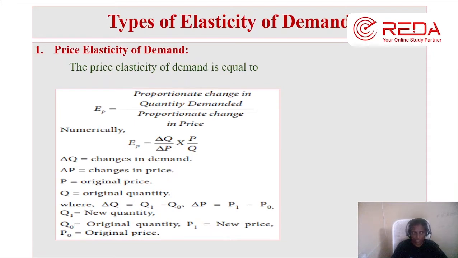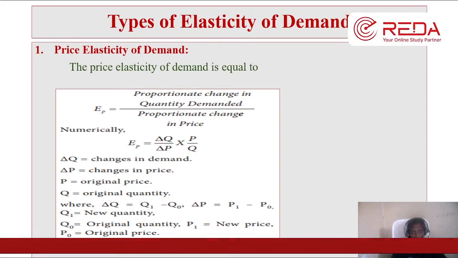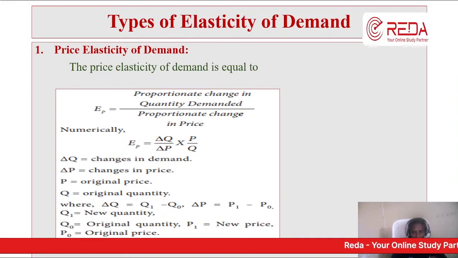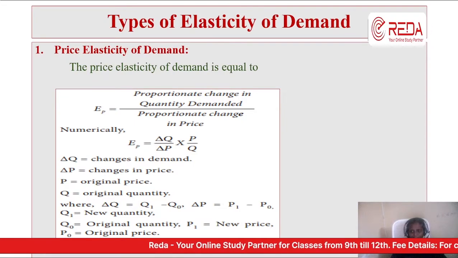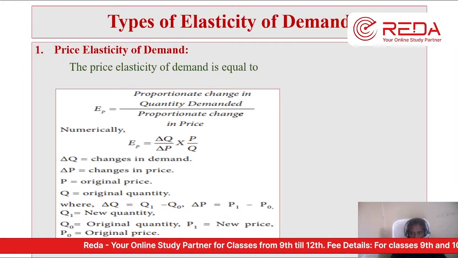Whenever there is a change in prices, how far does the quantity demanded change? Whether a little rise in the price level leads to a larger change in the quantity demanded, or a moderate change, or a smaller change. All those situations we are going to see.